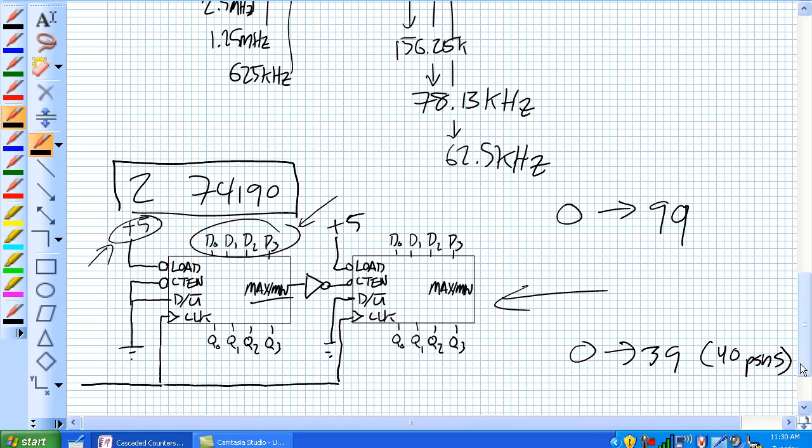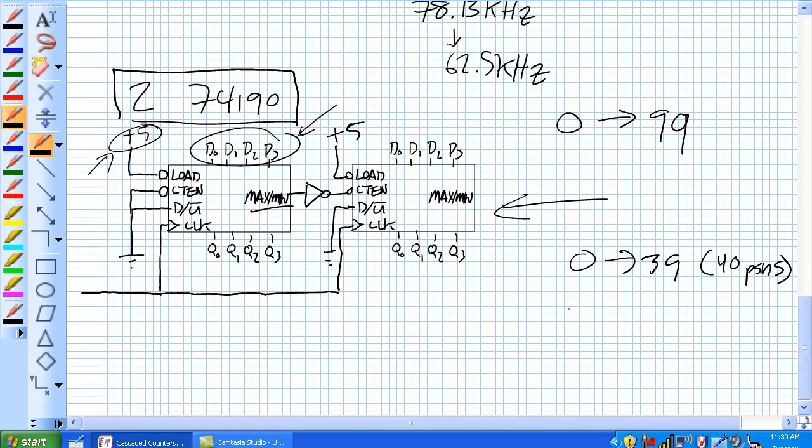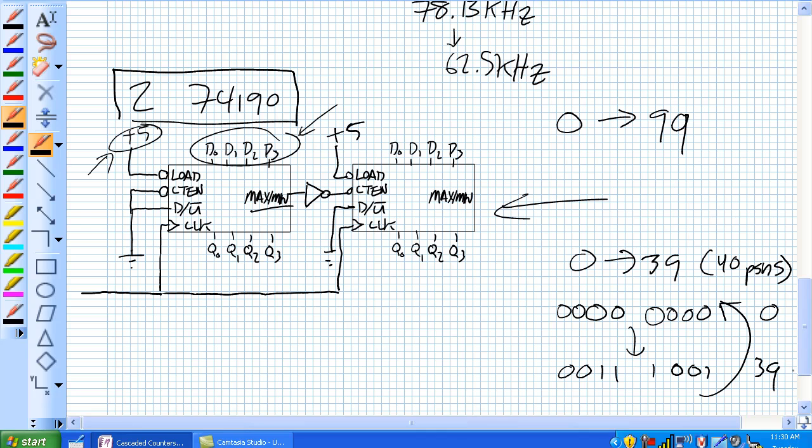Ideally, we would like to see our counter go from high order 0, 0, 0, 0, low order 0, 0, 0, 0, all the way up to 39, and then recycle.